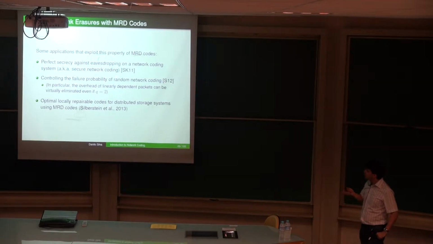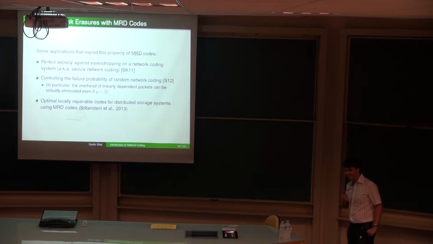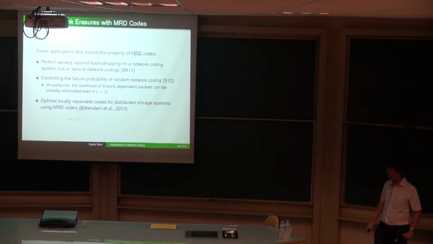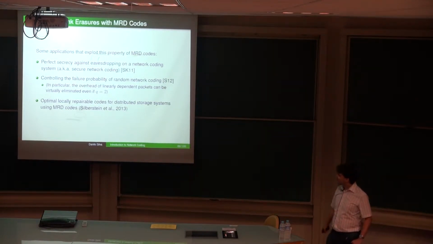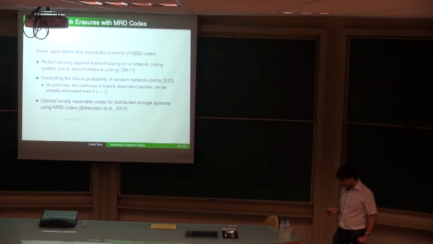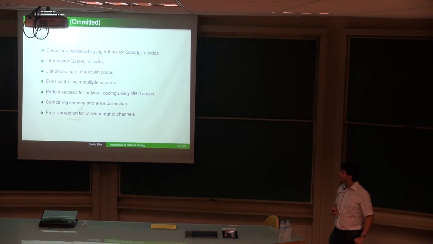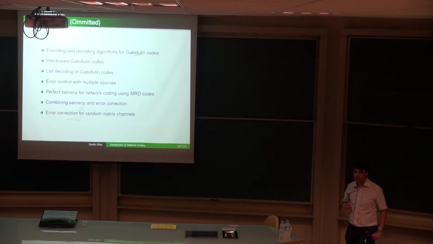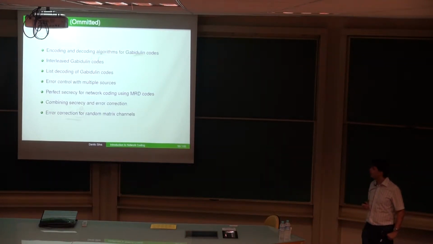If you're interested in this, you can go to the poster of my student Ricardo. And it has also been used to build optimal locally repairable codes for distributed storage systems. That's a more recent application of MRD codes. Okay, so this is just to finish what we were discussing yesterday.